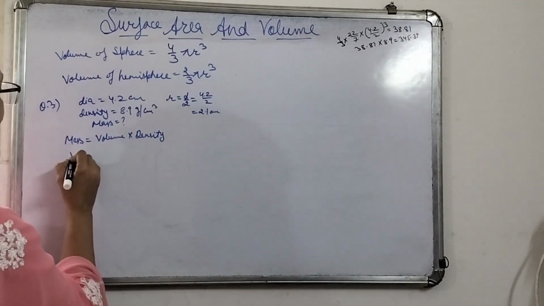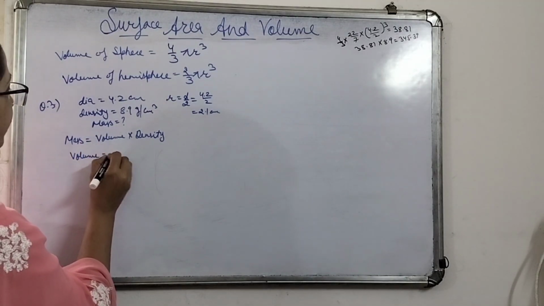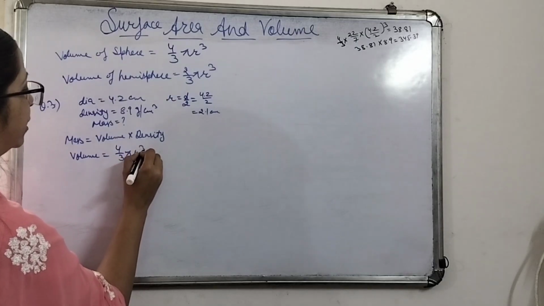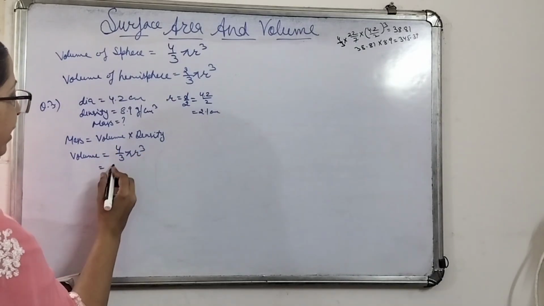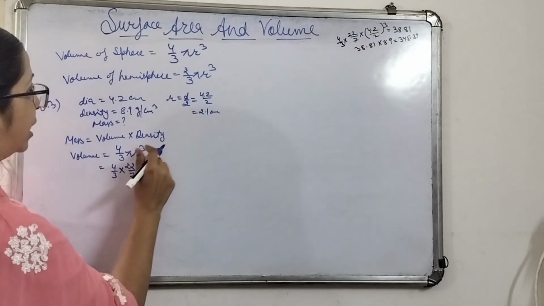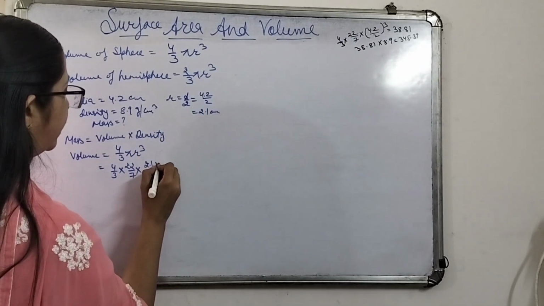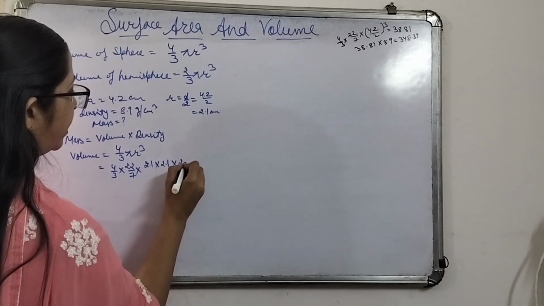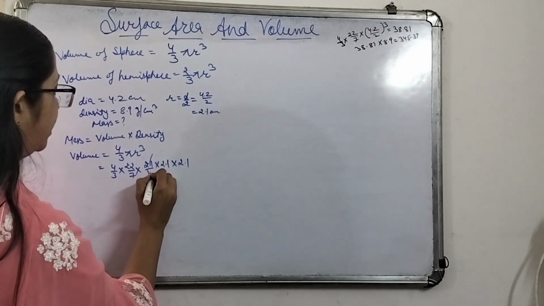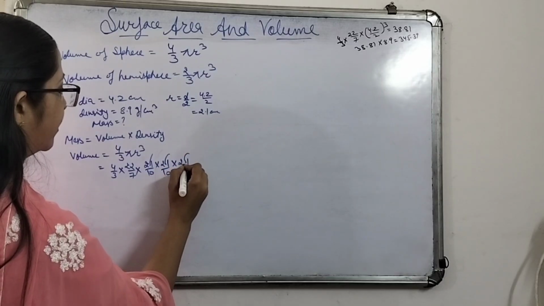So the volume of a sphere, just now we have seen, is given by 4 upon 3 pi r cube. So we'll be keeping the values 4 upon 3. Pi is 22 by 7. R is 2.1. So 2.1 multiplied by 2.1 multiplied by 2.1, because it is r cube. If we remove the decimal, 10 will come in the denominator.